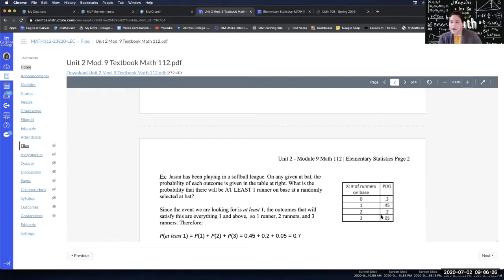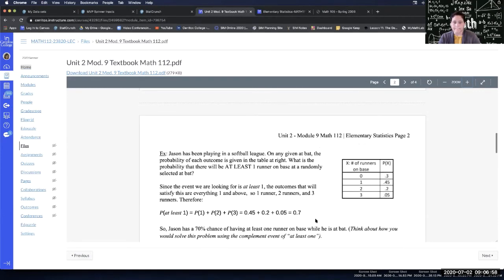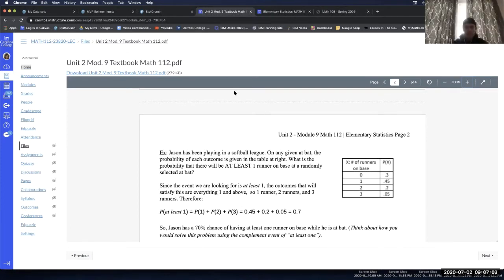Okay, so I'm just going to ask you some questions. You might want to sketch this table out if you can't see it very well on the screen. But right now I want you to tell me what's the probability that Jason comes up to bat and there is less than 2 people on base? 75%.